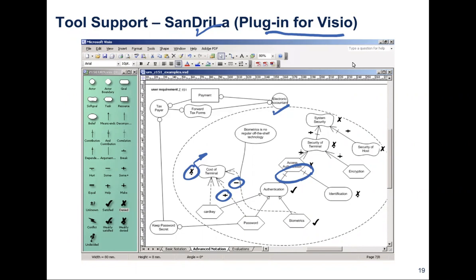It also has all the notations for building a goal, for building an actor, for implementing a soft goal, a task, a resource, a belief, and every other contribution level, as well as links, notations, and the satisfaction level of each goal, which will be discussed in detail in the lab, as well as in today's class.